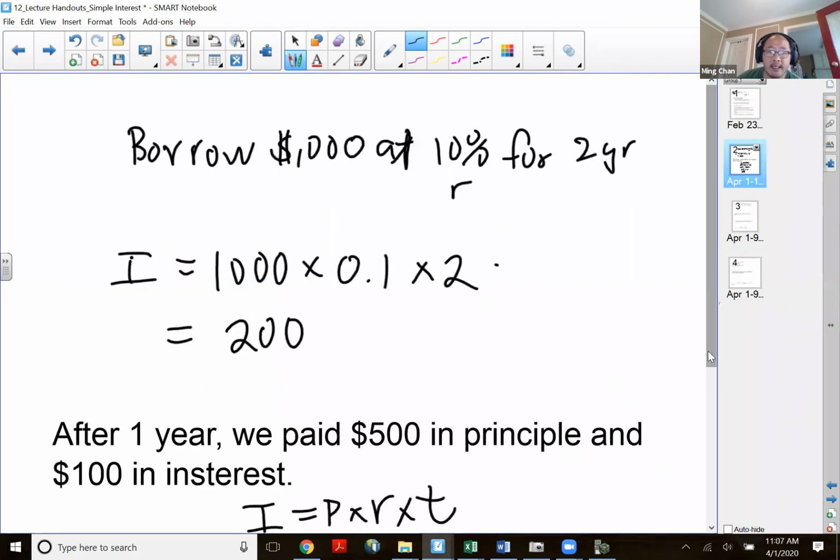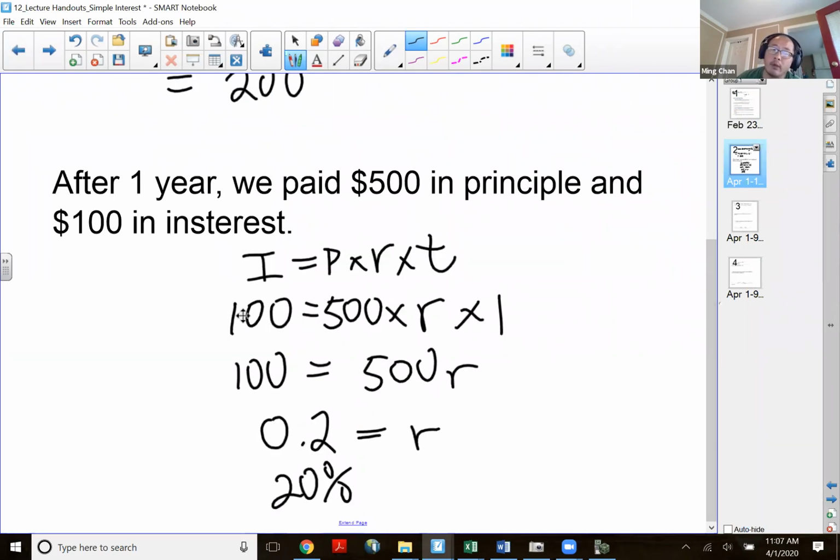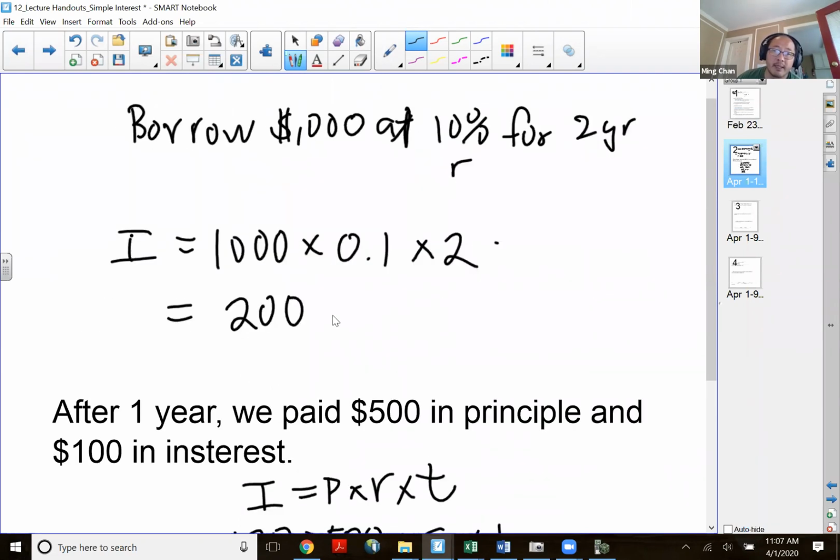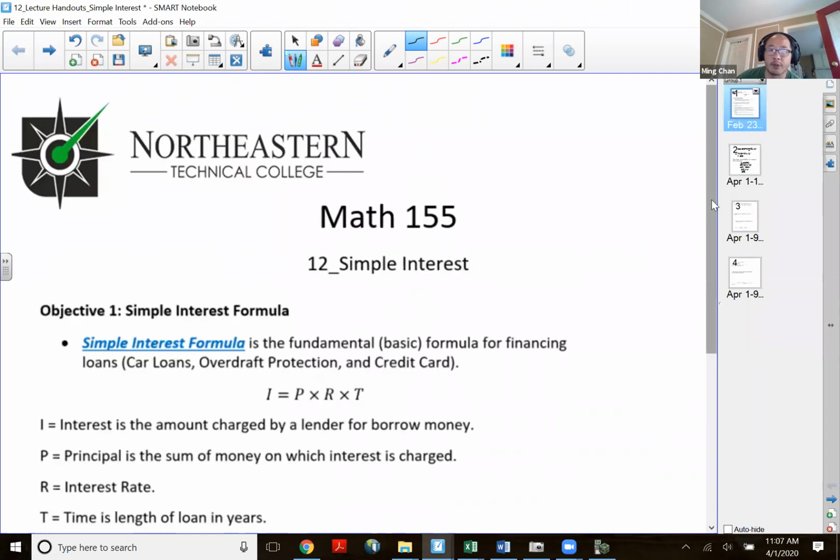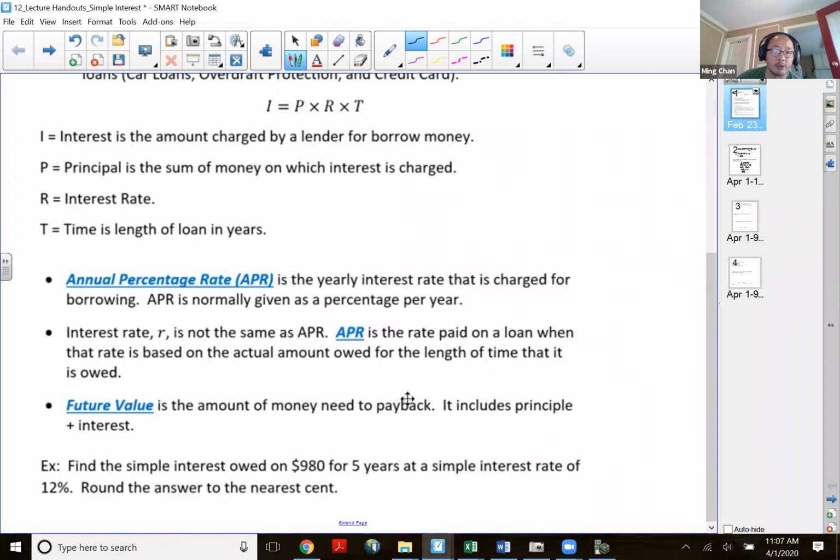So in my second year, I don't owe as much interest and I don't owe as much principal. Therefore, my interest rate has to go up in order for the finance company to receive the entire $200 of interest that was originally agreed upon. So just try not to get confused between the APR and the regular interest rate R.